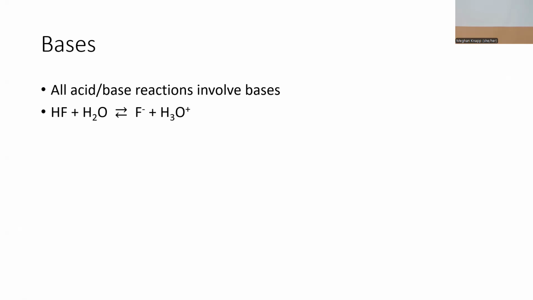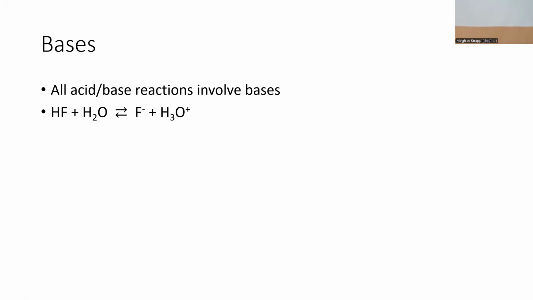As a general rule, if we have a negative charge, those tend to act as bases, because the negative is going to attract that positive H plus. And if we have something that is positive, it tends to act as an acid because it's going to be ready to get rid of that positive charge.